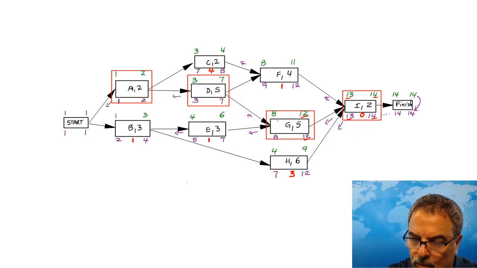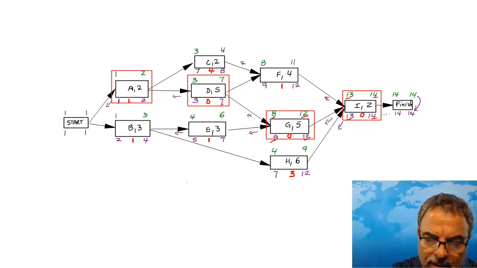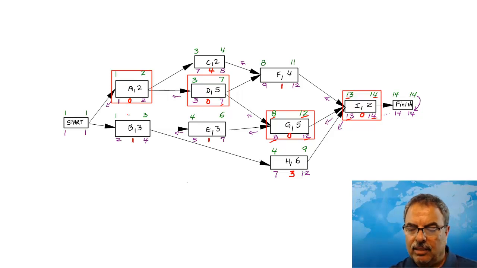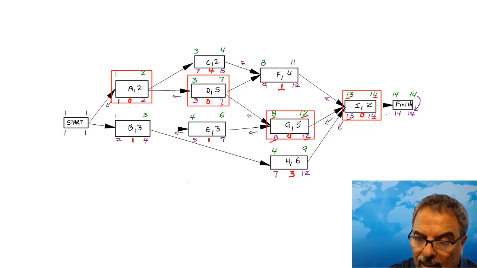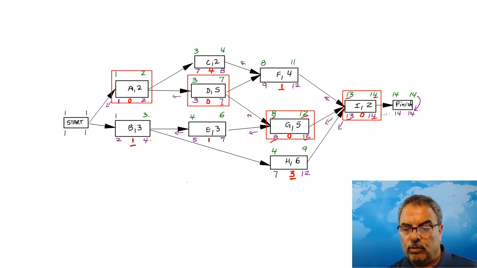Same thing here, 12, 12, 8, 8, so 0 here, 7, 7, 3, 3, 0 here, 2, 2, 1, 1, 0 here. Those are the critical tasks. All the other ones have some slack or float, which is the difference between this 4 and 3, or 12 and 11, and so on and so forth.